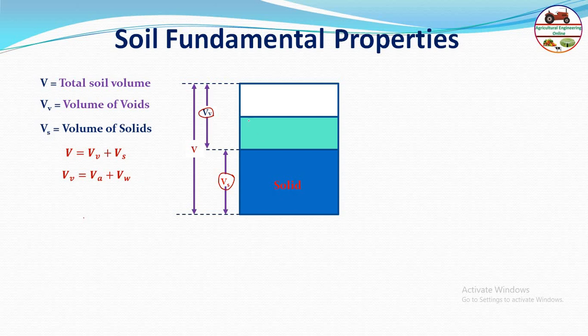So this void can be divided into two parts, volume of air, Va, and volume of water, that is Vw. Therefore the total volume of void will be equal to Va plus Vw.